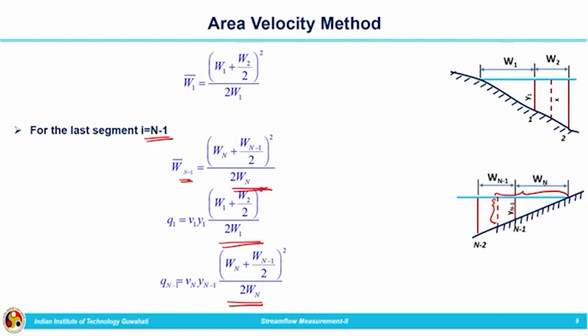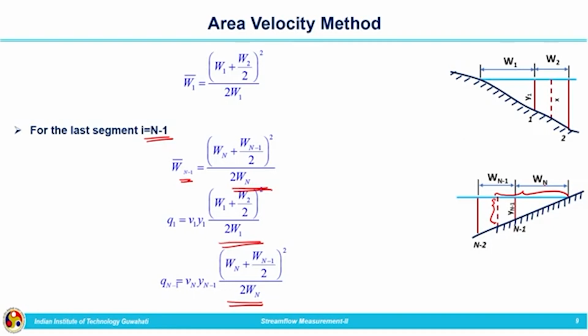Velocity at different locations, different segments will be measured corresponding to each depth we have marked. We will be measuring the stage and also velocity. Velocity measurement should be done in such a way that if it is a shallow river, the velocity measurement is done at 0.6 times the depth of water level at that particular location.